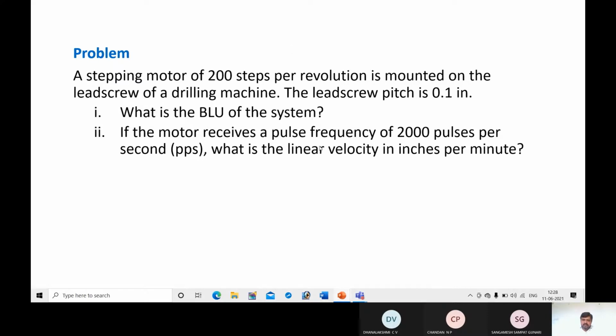For each single pulse input, there will be only one step rotation. For this one step rotation, you have to find the linear movement, like 0.1 by 200, that will give you the basic length unit. Next, what is the answer for the second question?